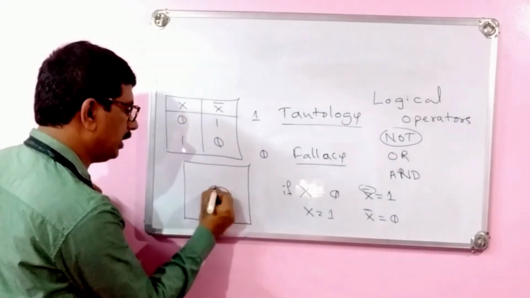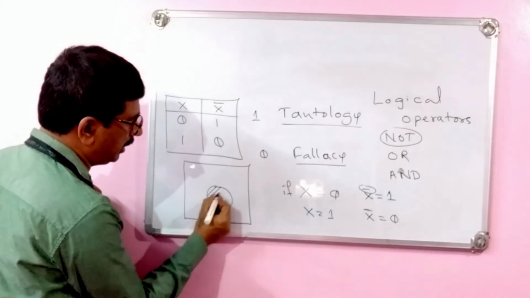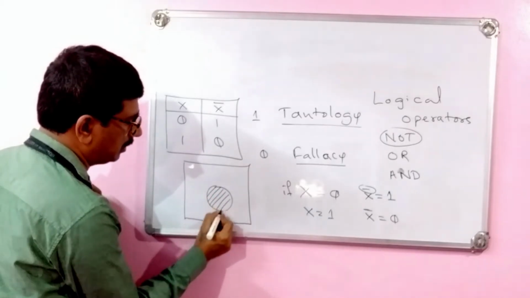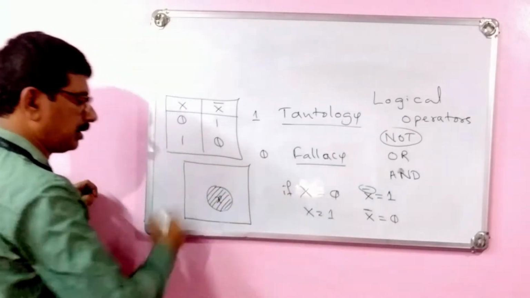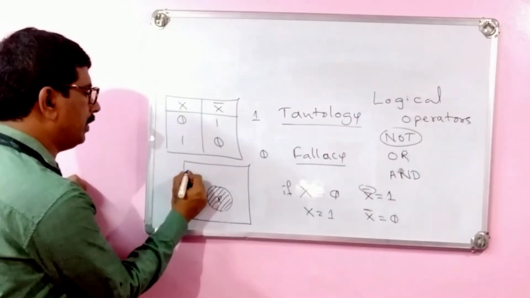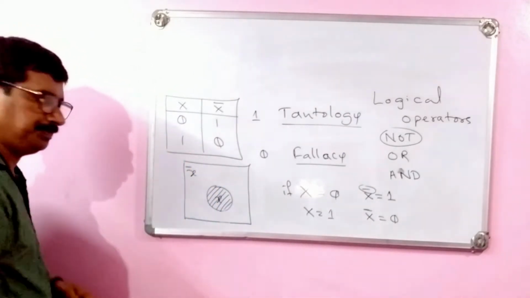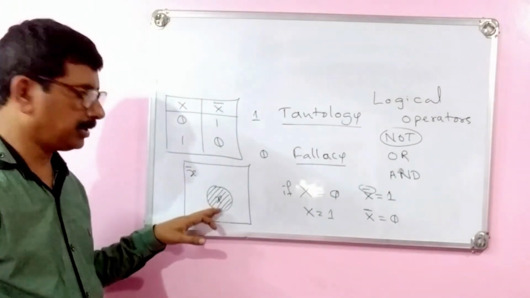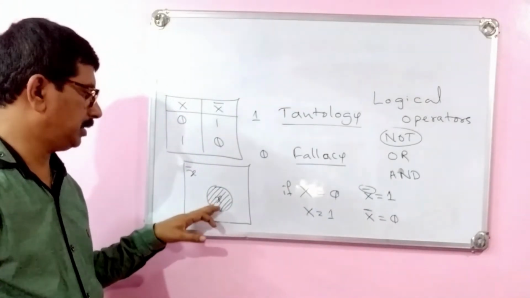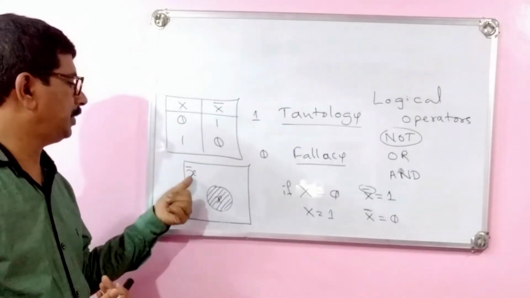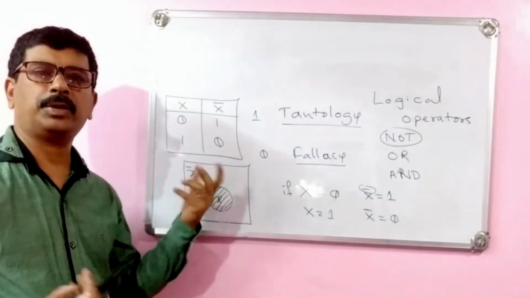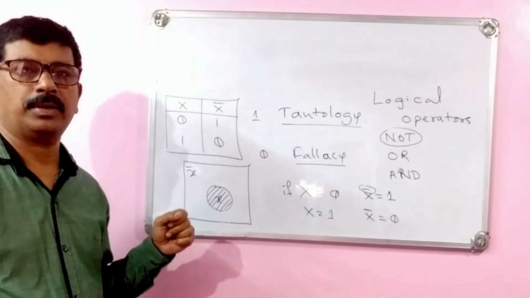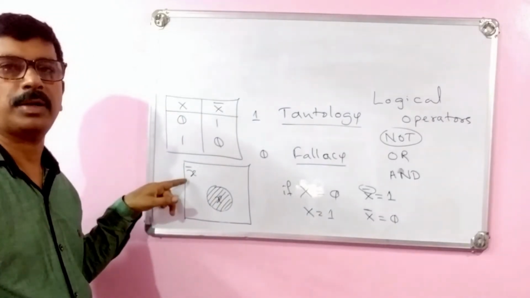So we will take the shaded region as x, and outside we will take it as x bar. That means whether x is 1 or x is 0, the opposite of that is here. That is represented in this way: x, and x bar outside.